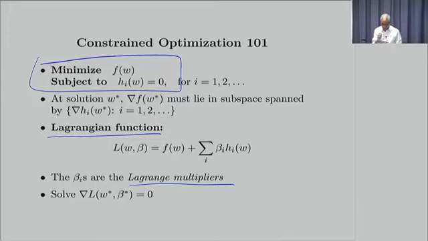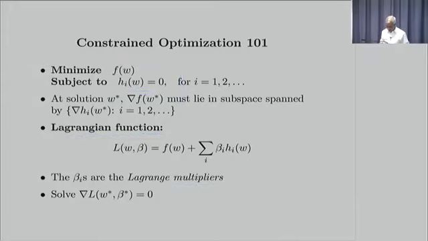So how did he do that? Well, here's the idea. Let's call W star the optimal solution, the solution to the constraint optimization problem. Star is usually the notation for the optimum. Now in an unconstrained optimization problem, at the optimum, the gradient of the function is what?